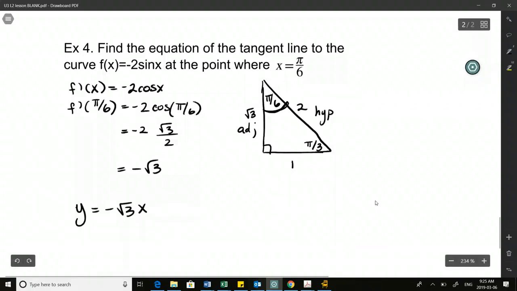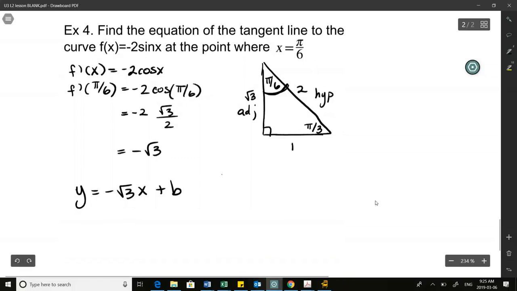So this is what we have so far. And our goal is to find the b value in the equation of the tangent line. Okay? So I need a point that I know for sure is on the tangent line. What is that point? Where x is pi over 6. So I need the y-coordinate when x is pi over 6. So I'm going to just evaluate f at pi over 6 so that I can figure out what that y-coordinate is there.